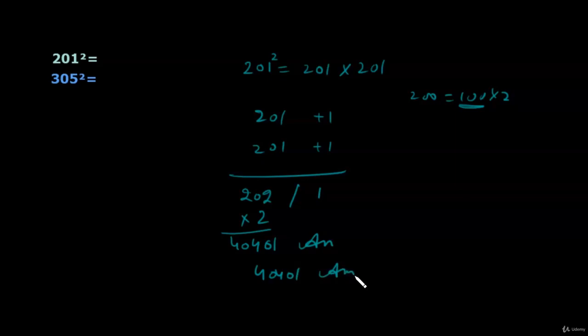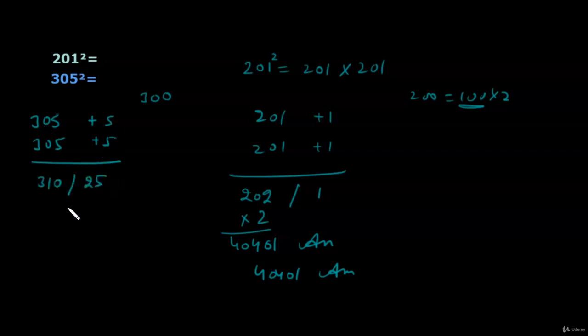So the answer is 40401. For the square of 305, we have to multiply 305 by 305 and we can take the base 300. This is 5 more than 300. This is also 5 more than 300. Now we can write the first part by adding 5 to the number, and for the second part we can multiply 5 and 5, that is 25.